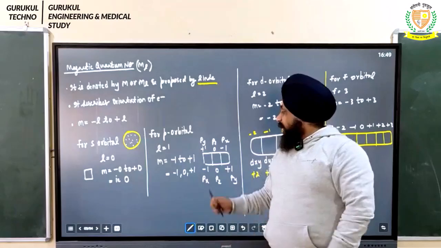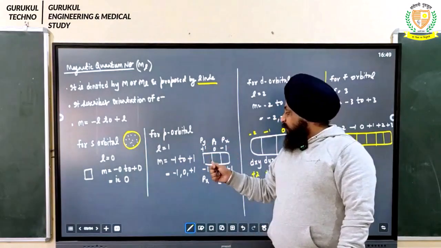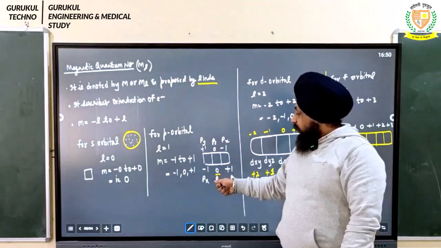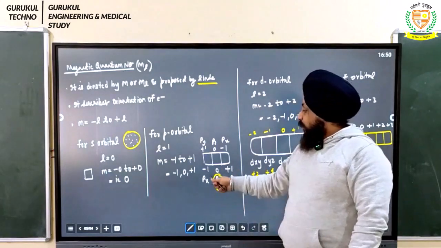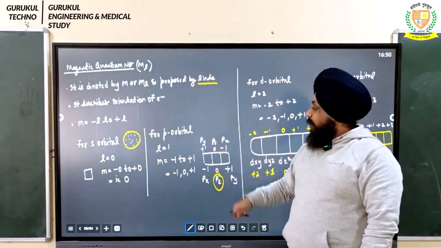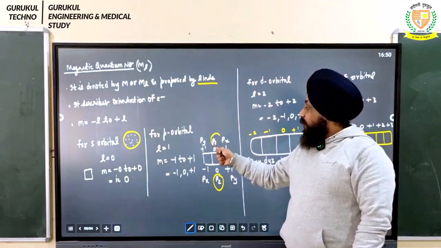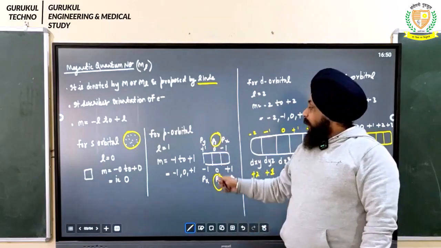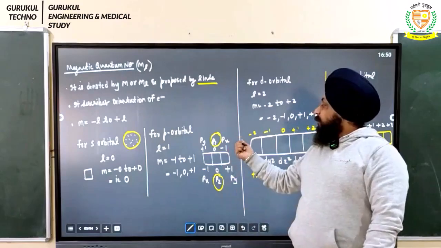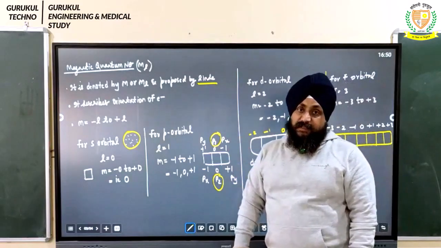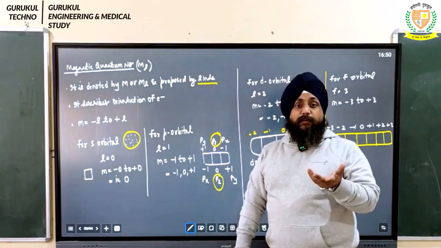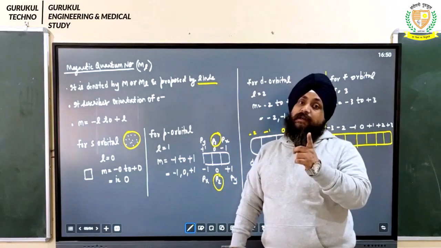Plus and minus can vary. Here I have taken minus 1, 0 and plus 1. For 0 I have fixed pz. For minus 1 we have written px over here and py over here, and for plus 1 this time I have written py and px. So plus or minus 1 can be px or py, but 0 is pz.